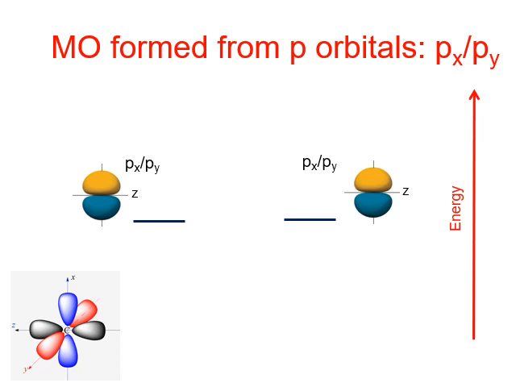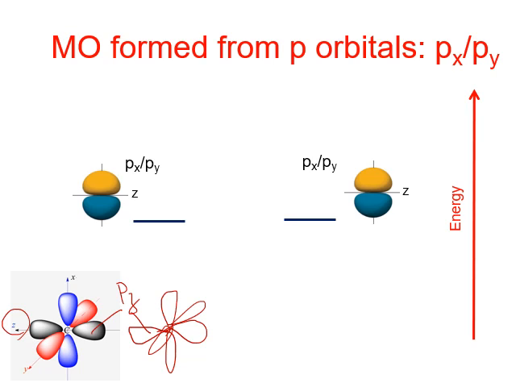In the last slide, we showed that when two atoms approach each other along the z direction, the two pz orbitals combine to form two molecular orbitals, both sigma bonds.